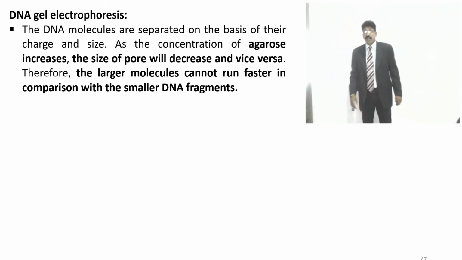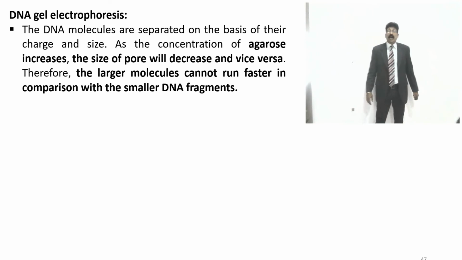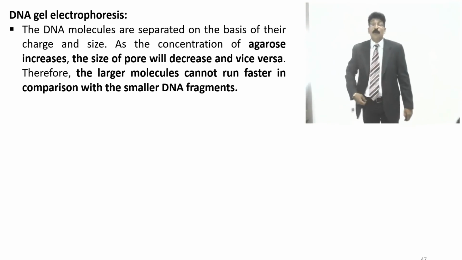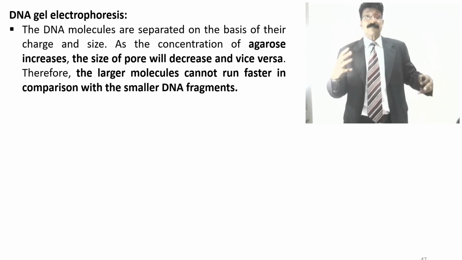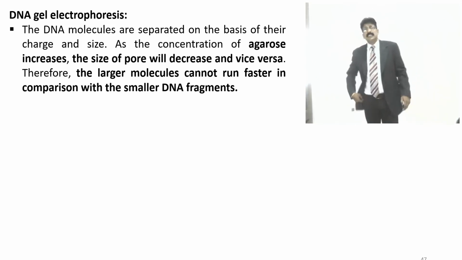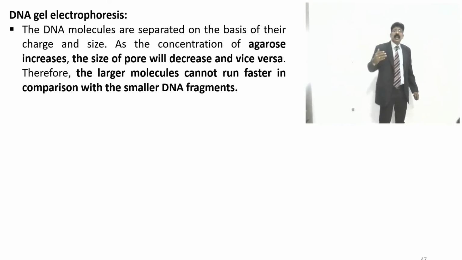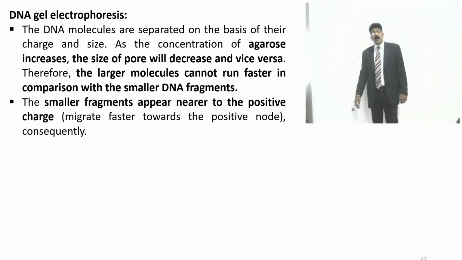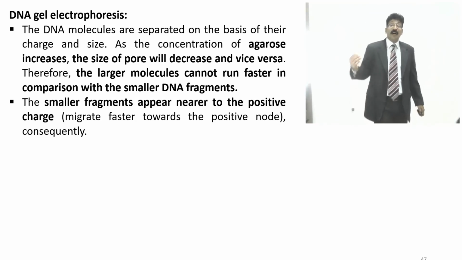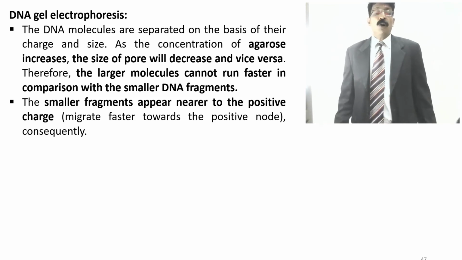As the concentration of the agarose you prepare increases, the size of the pore decreases, and vice versa. Therefore the larger molecules cannot run as fast as the small DNA fragments. The smaller fragments migrate faster towards the positive electrode.